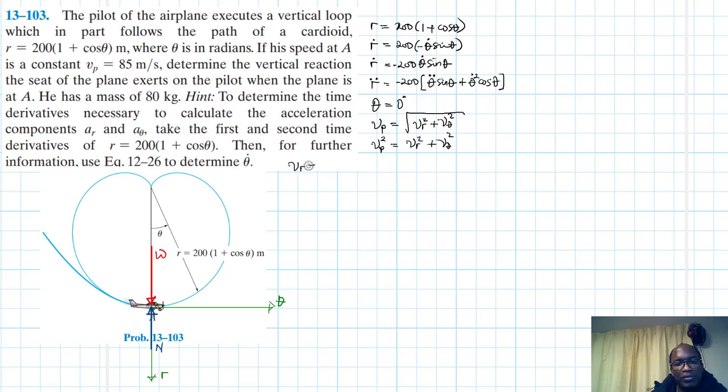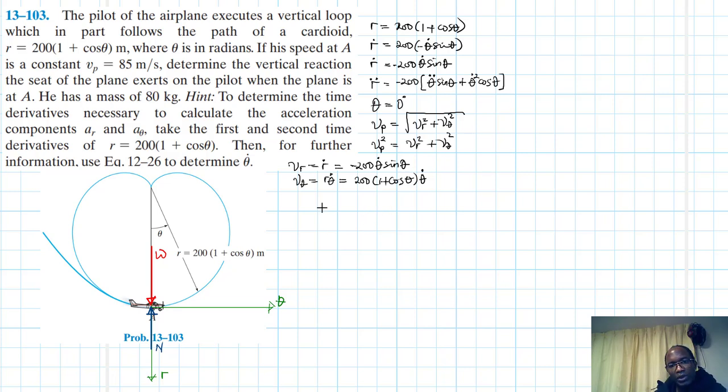We know that v_r is just r dot, which is equal to minus 200 theta dot sine theta, and v_theta is just equal to r theta dot, which is equal to 200 times 1 plus cos theta, then theta dot.